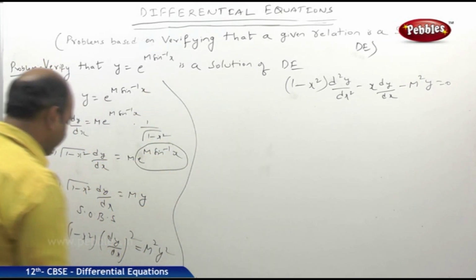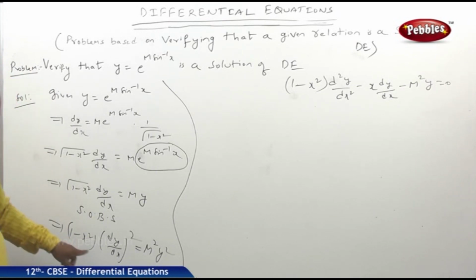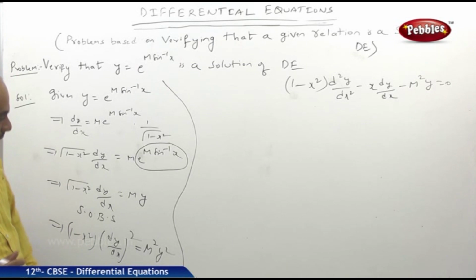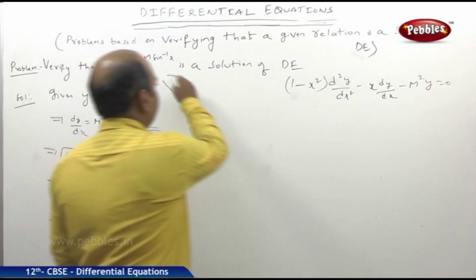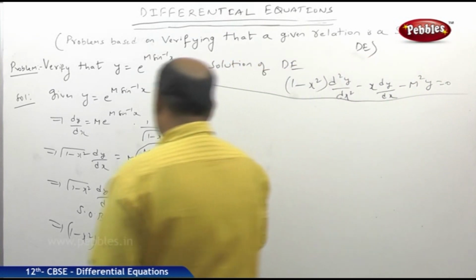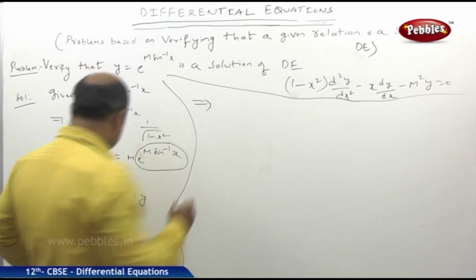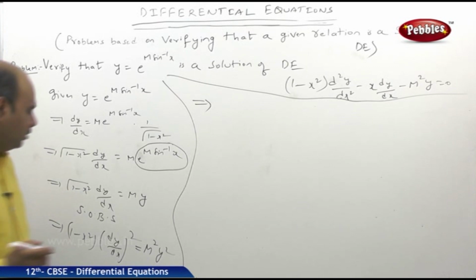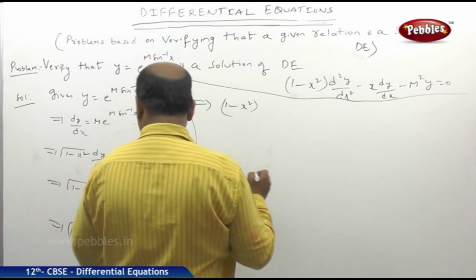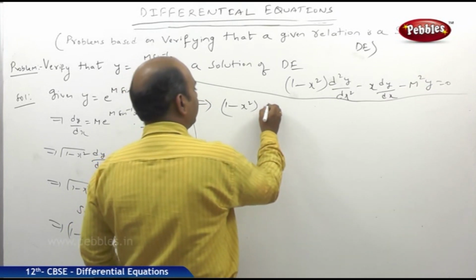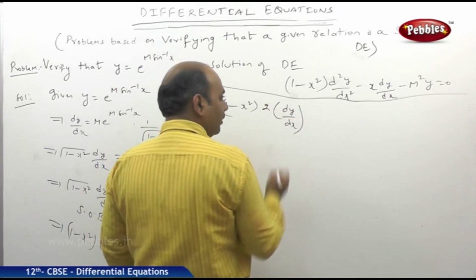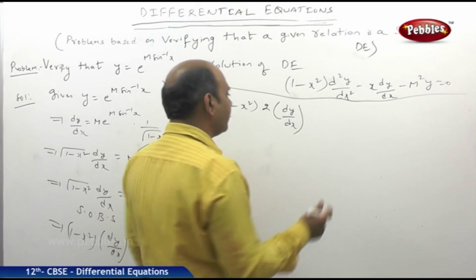So finally I got a relation like this: 1 minus x square into dy by dx whole square is equal to m square y square. Again I will differentiate another time. This is like the UV rule. The derivative of 1 minus x square into dy by dx whole square: 2 into dy by dx, but it is a function of a function.